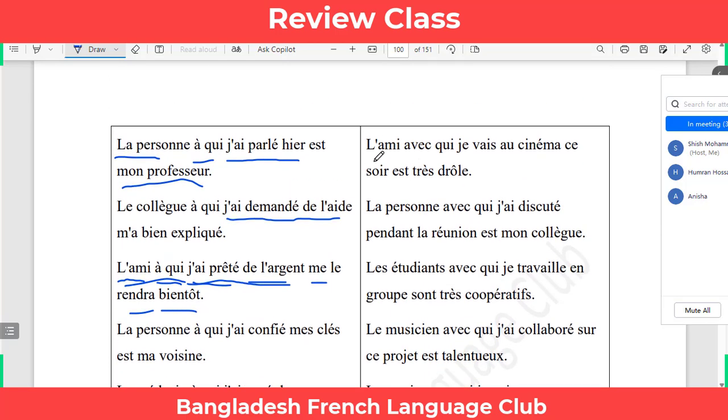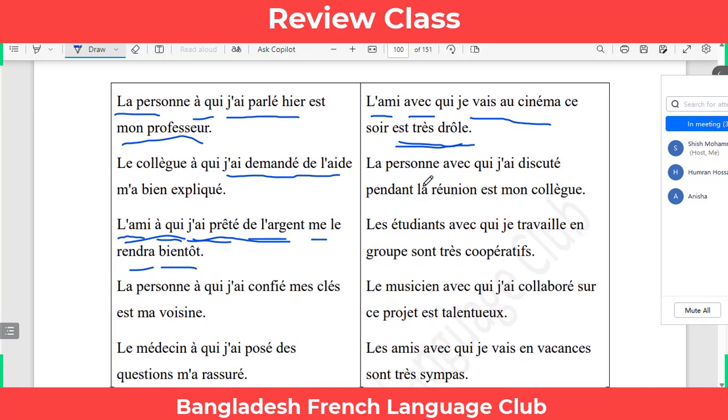Like l'ami avec qui je vais au cinéma ce soir est très drôle. The same way, the à qui and avec qui, right? No difference, but the meaning is different. L'ami avec qui, with whom, the friend with whom I am going to the cinema this evening is very funny, right?